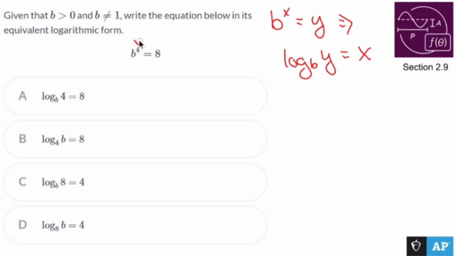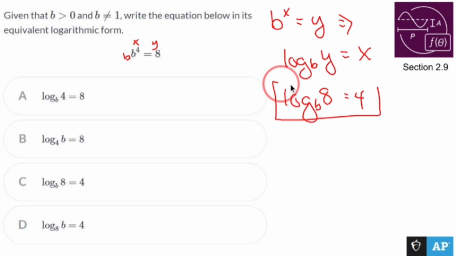So my x is 4, my y is 8, and my b is b. Makes sense? So I'm going to change this into log base b of y, which is now 8, equals x, which is now 4. And you're my guy.